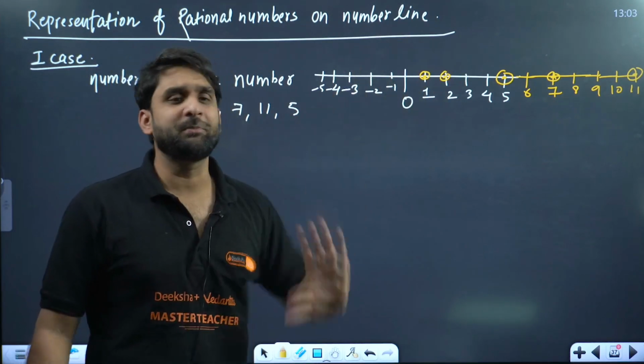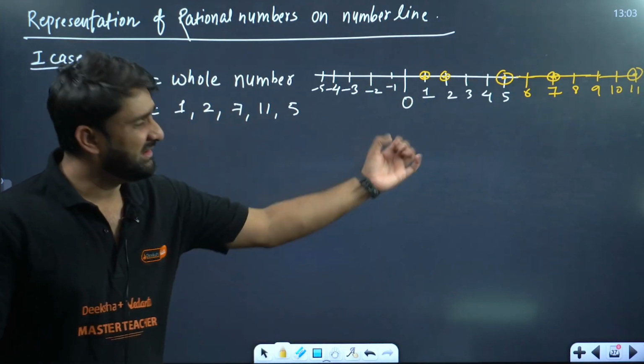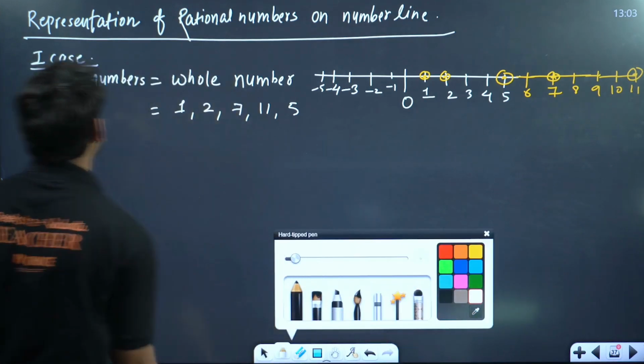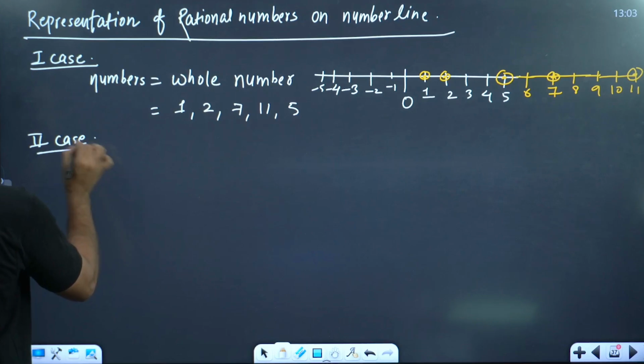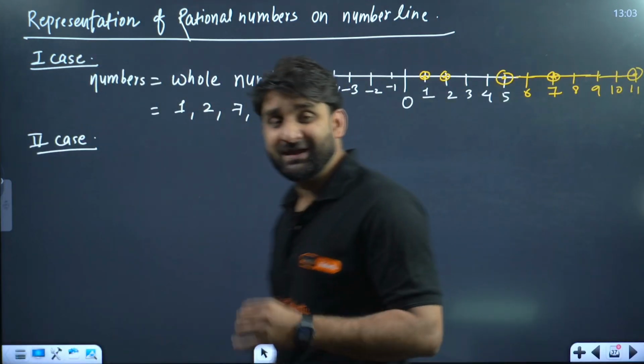We can directly represent it by selecting the point of that particular number according to its position. Very easy. But the question comes up. The most confusing thing, the second case. The second case scares most of the students. And what is the second case?